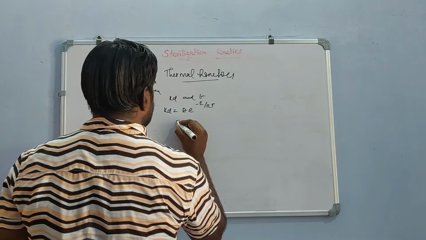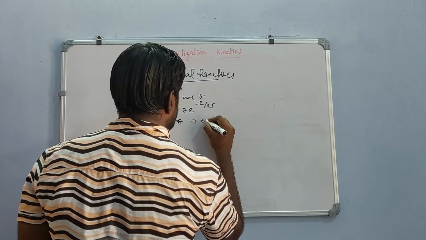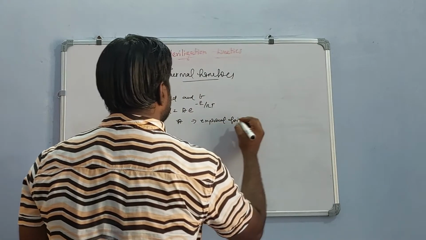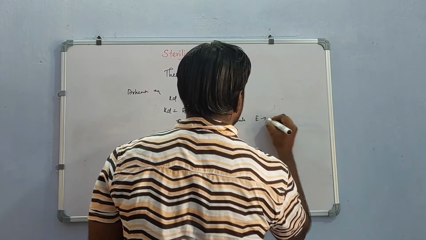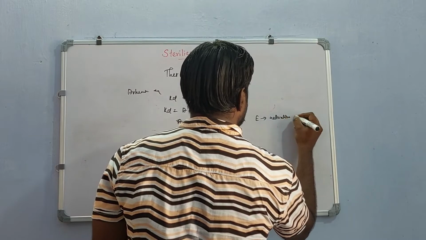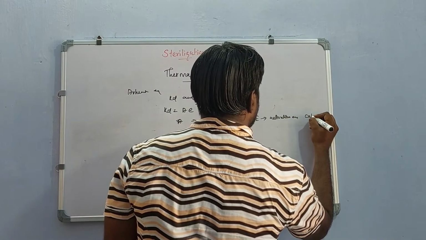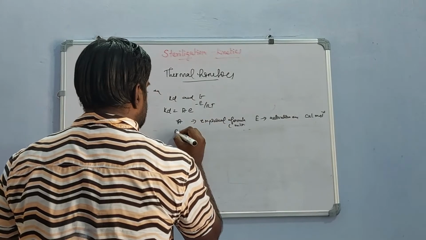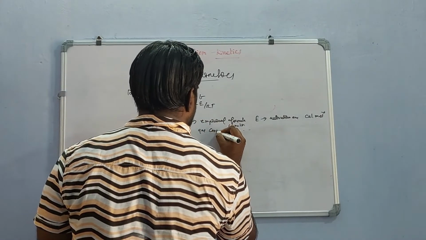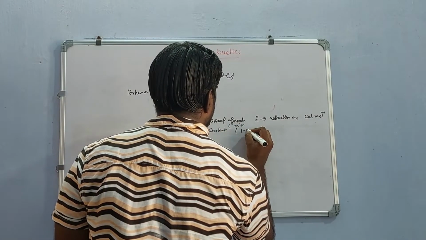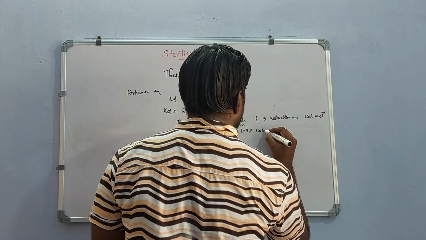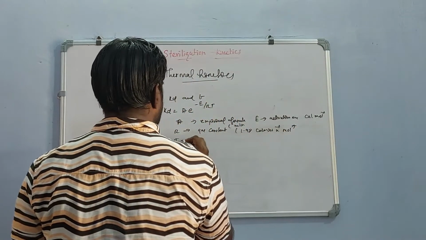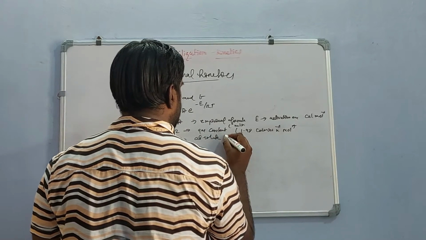In this, A is the empirical constant, E refers to the activation energy in calories per mole, R is the gas constant, which is 1.98 calories per Kelvin per mole, and T is the absolute temperature.